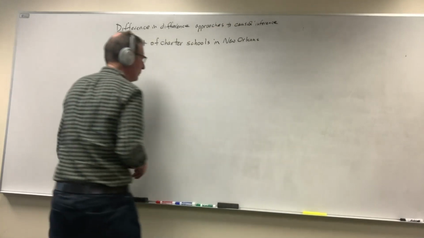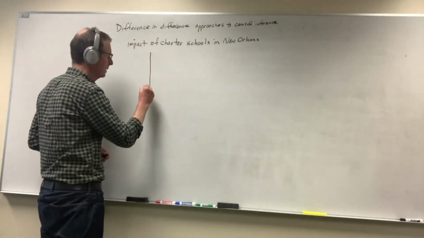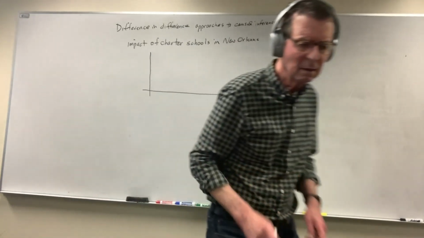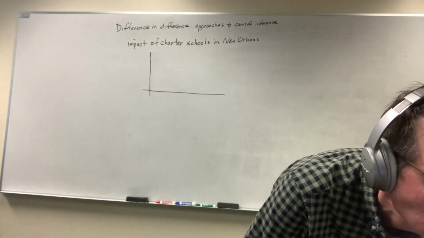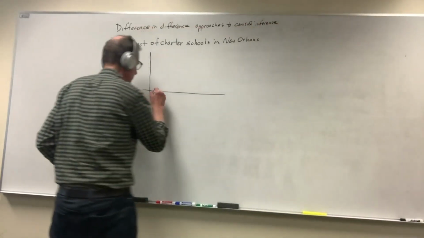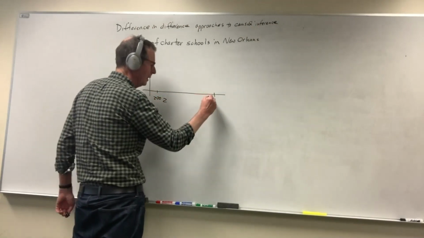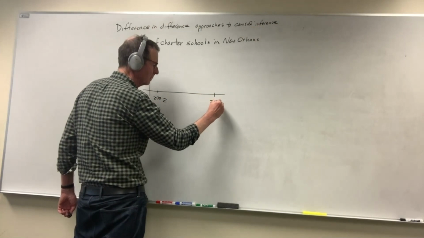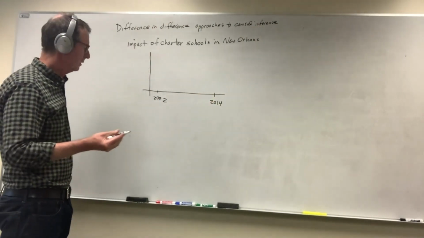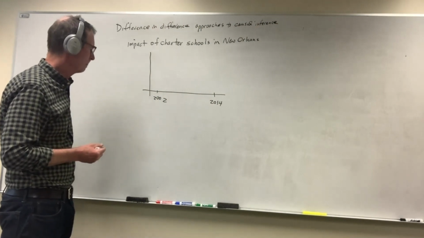So the idea graphically is, let's say 2002 is when the data started, ending in 2014. So those are all the test score data that you have for all the kids in these school districts, as well as the rest of Louisiana.